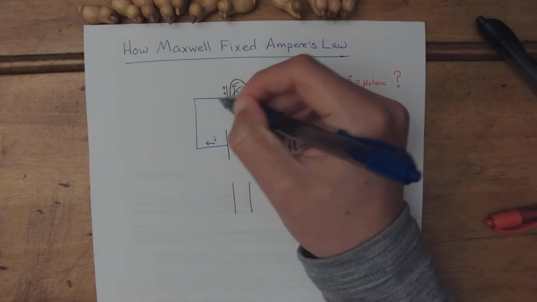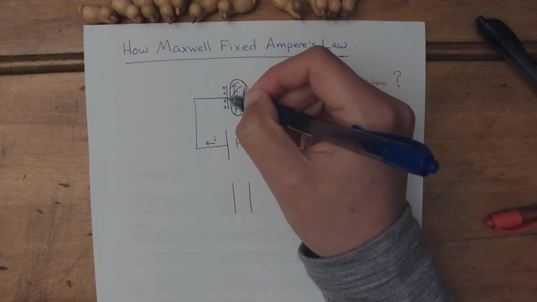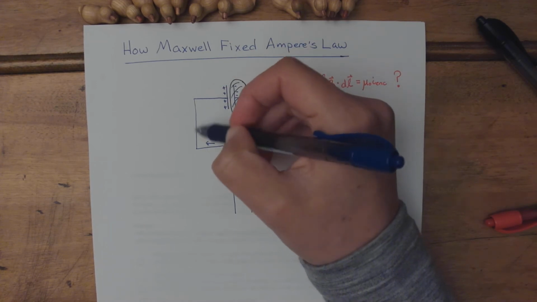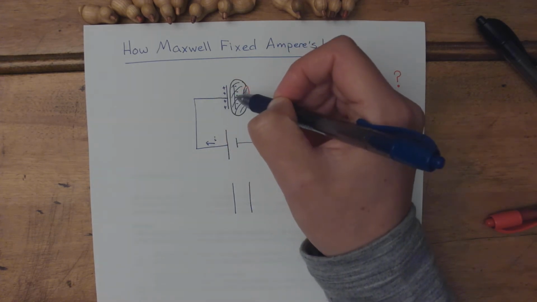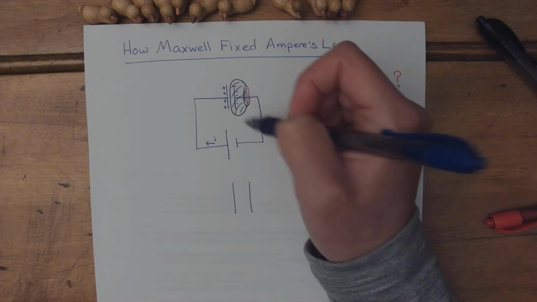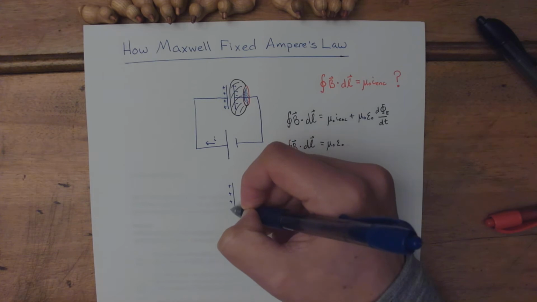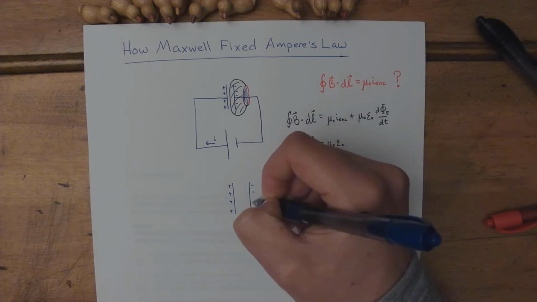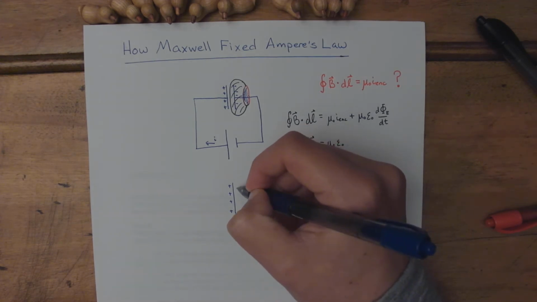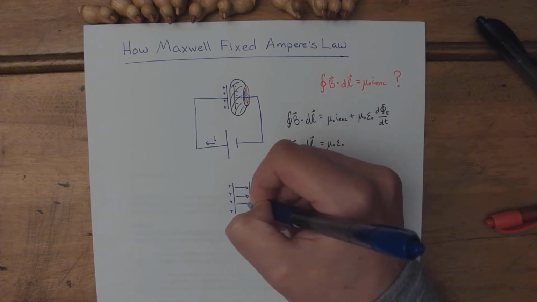So positive charge is flowing to this surface. Well, actually, it's the negative charge that moves, but we can pretend the positive charge is flowing to this surface, and then positive charge is leaving this surface, which makes this plate negative. So if this plate is positive and this plate is negative, we would have an electric field pointing from the positive plate to the negative plate.